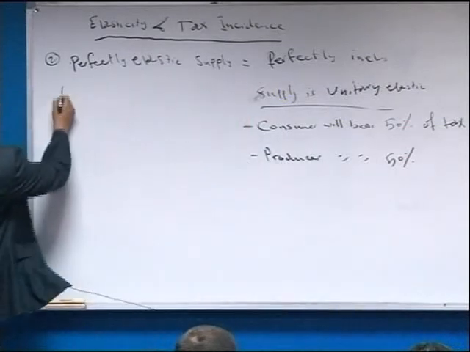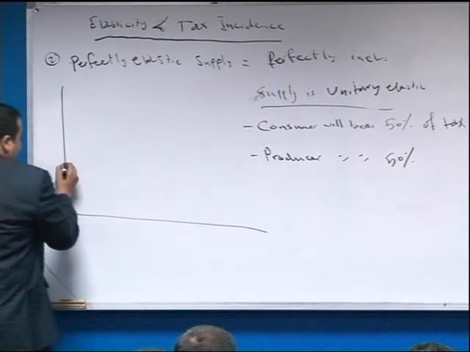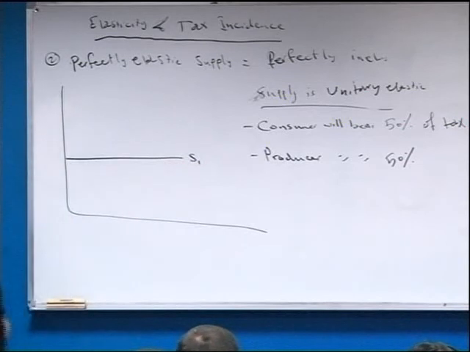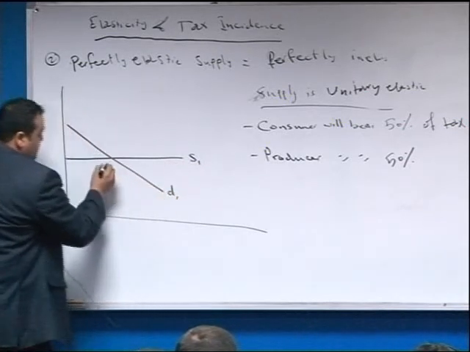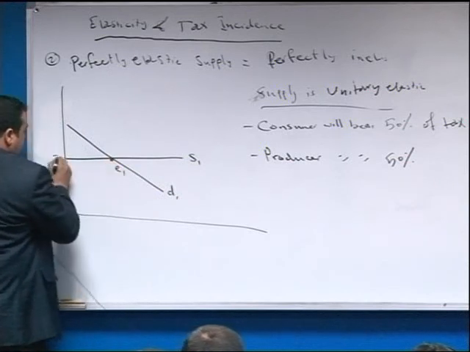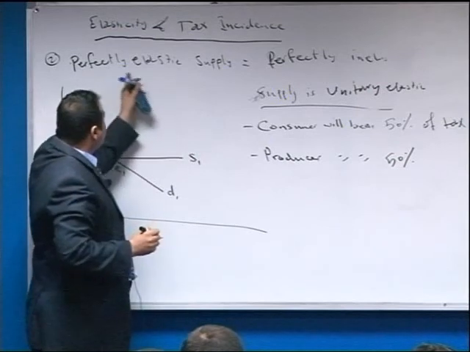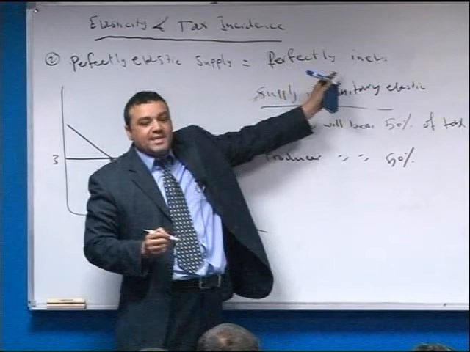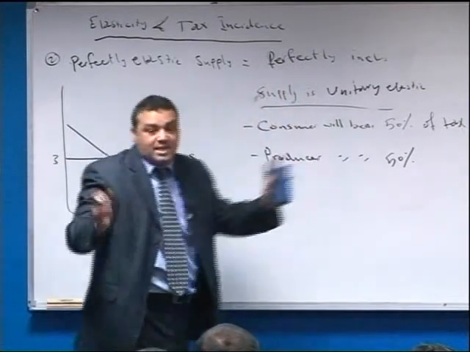Suppose in this case supply would be a horizontal line, S1, and demand, suppose it's unitary, D1, E1, 3. When supply is perfectly elastic, it's similar to perfectly inelastic demand. In this case, the consumer will bear the whole of the tax burden.